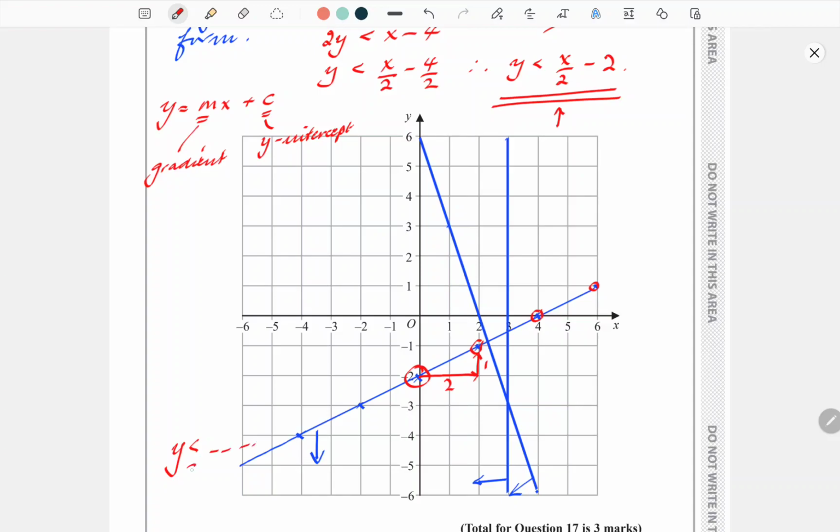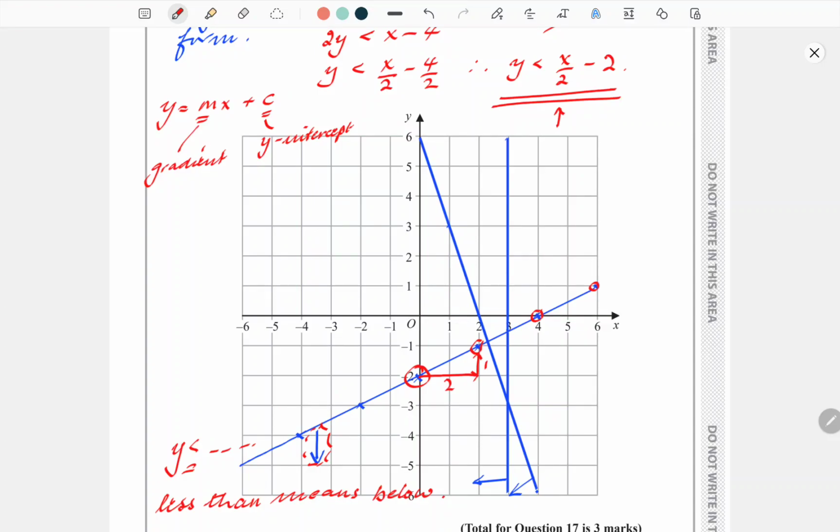Less than means below, under. So that's why we want this region here. Anything above it is out. We don't want that.